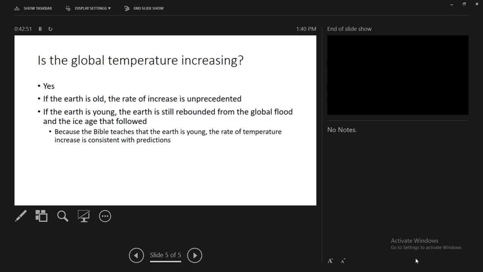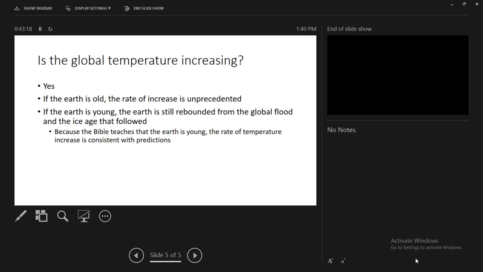And this last point, because the Bible very clearly teaches that the earth is young, right? If you read Genesis 1 through 11 as being a historical account of Earth's history, which I think for very many reasons you should, it flows very naturally that the earth is young.